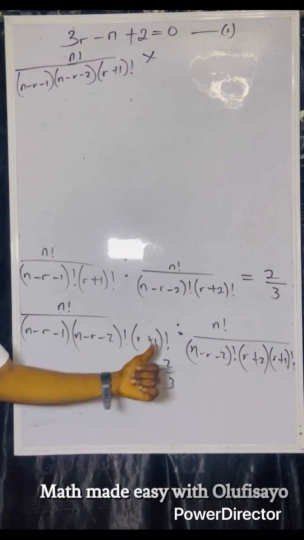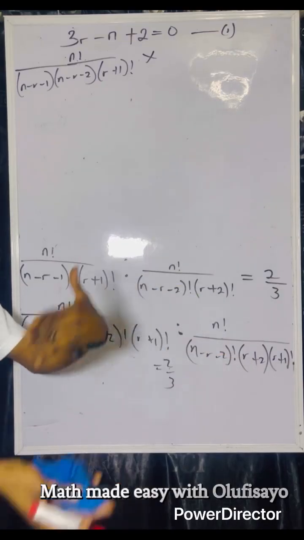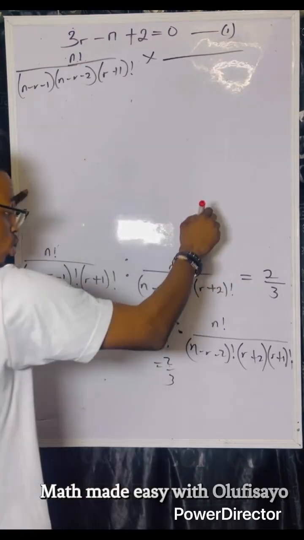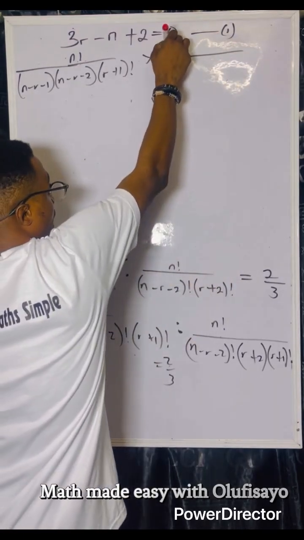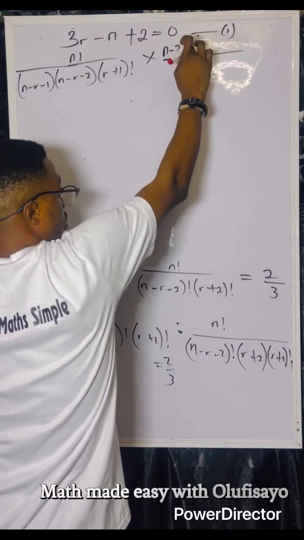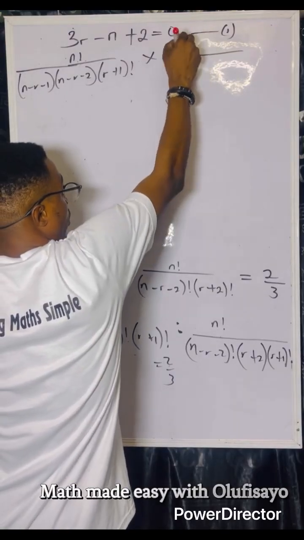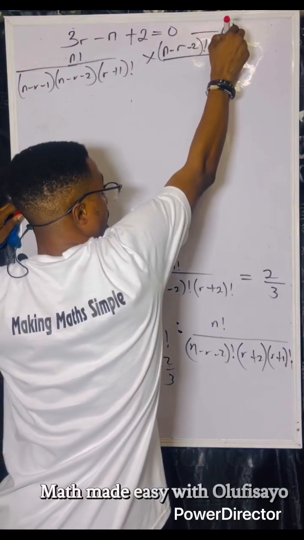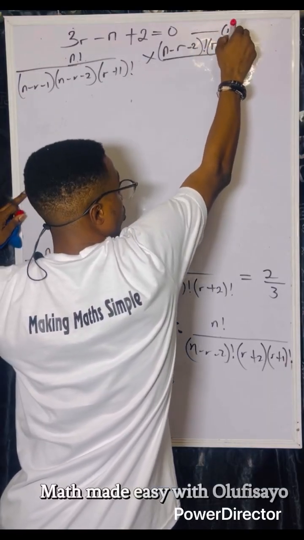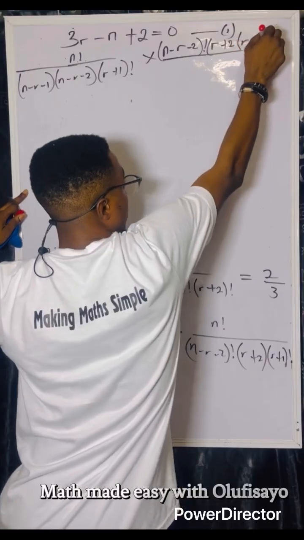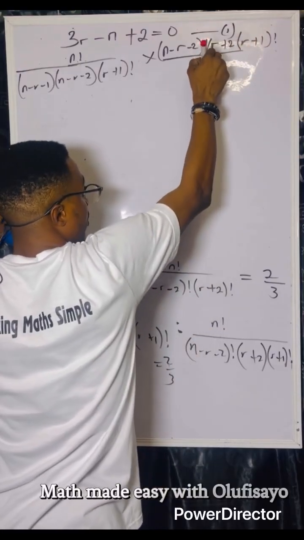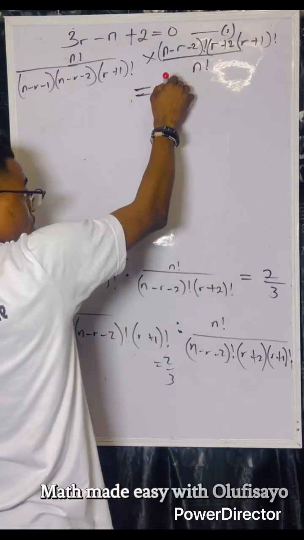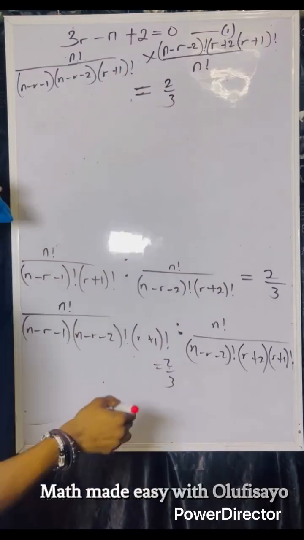So if division changes to multiplication, then it turns upside down. Everything on the other side turns upside down, where we have (n minus r minus 2) factorial, (r plus 2), then (r plus 1) factorial over n factorial equals 2 over 3.